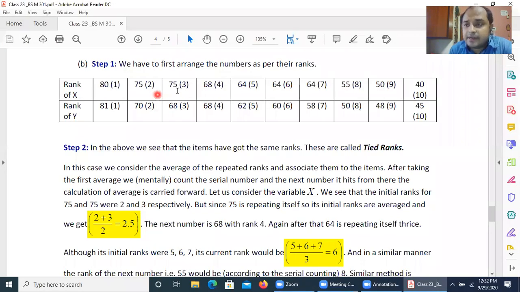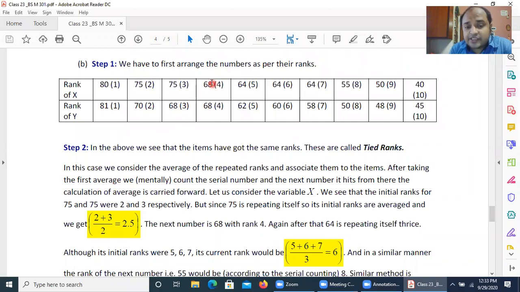Say for example, 75 has appeared more than once. According to the serial numbers attached to this value 75, they are 2 and 3. But to give an appropriate rank to this mark 75, we find the average of these two numbers, 2 and 3. The average is (2+3)/2, that is 2.5.